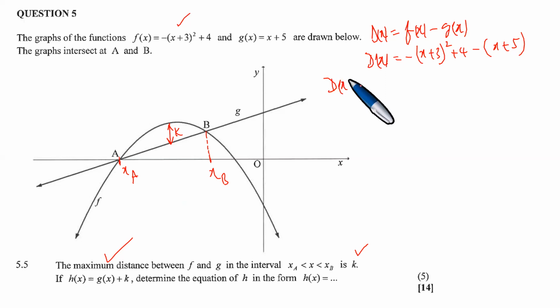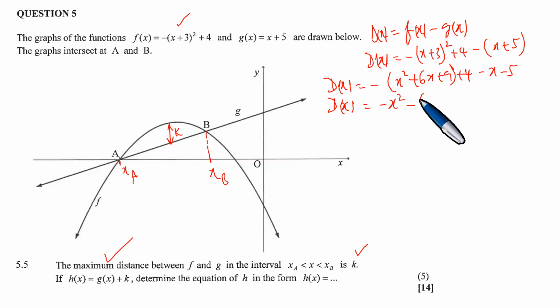So d of x is (x squared plus 6x plus 9) plus 4, minus (x plus 5). You multiply through by the negative, you distribute. That is called distribution. Minus x minus 5. Which means d of x is minus x squared, 6x minus x is minus 7x.